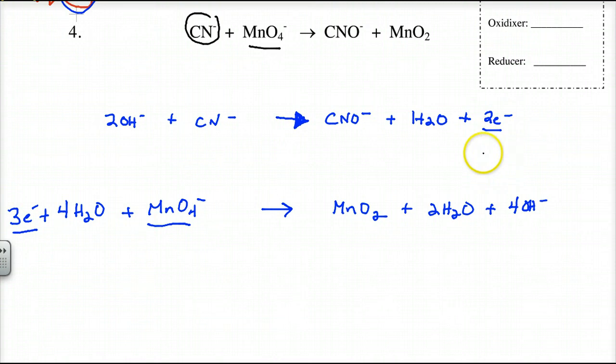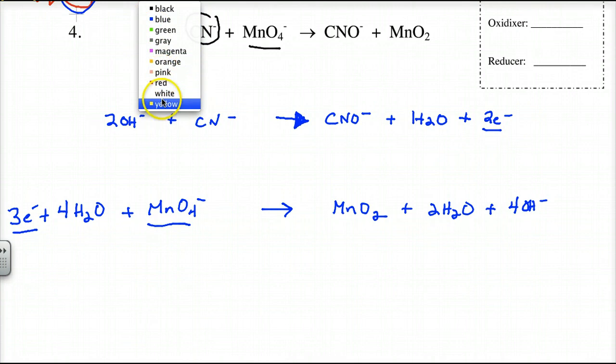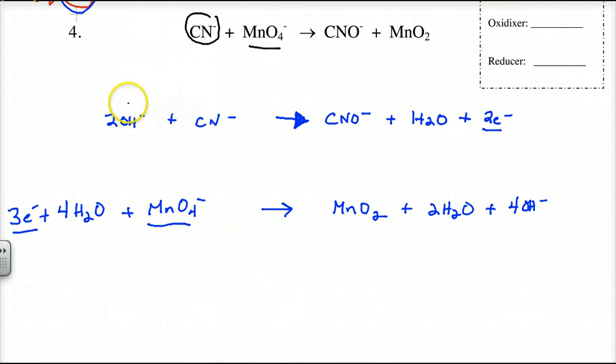So that both half reactions have the same number of electrons going into the reaction and leaving the reaction to have conservation of charge, we're going to multiply and distribute everything by 3 here. So I'm going to distribute the 3. The reason why I'm doing that is because I'm going to make this 6 electrons, and I'm going to just rewrite this. 3 times 1 H2O, that's going to be 3 waters.